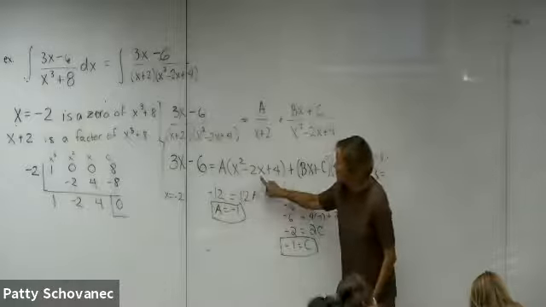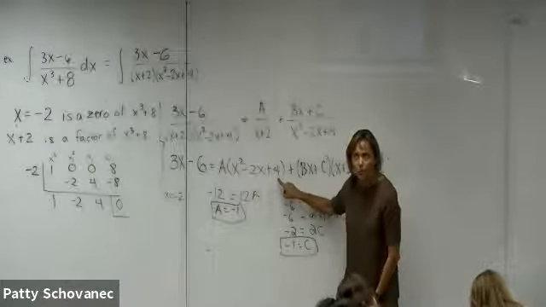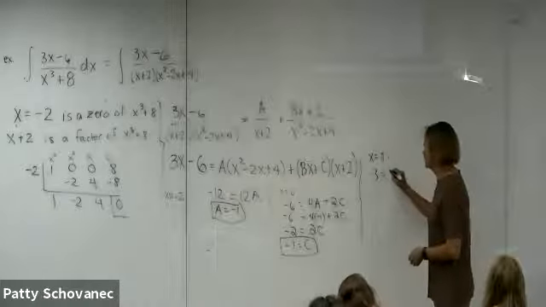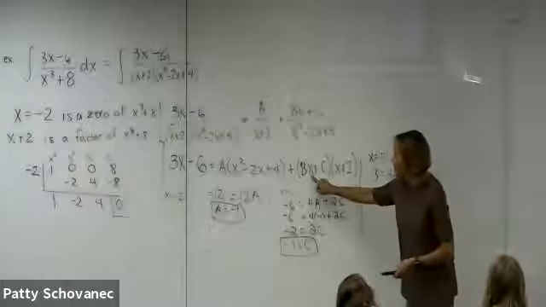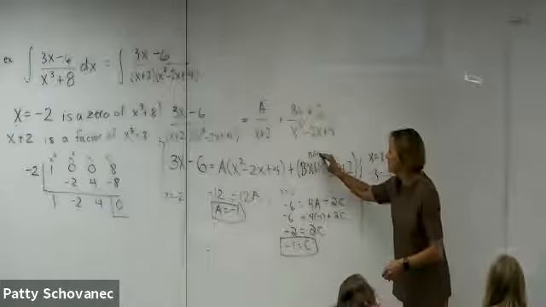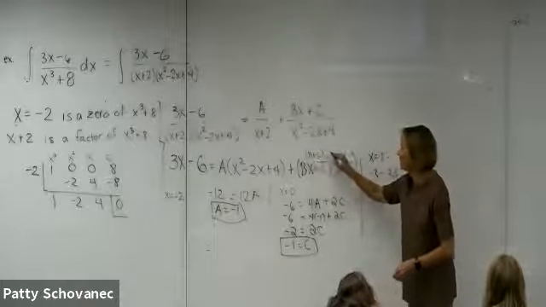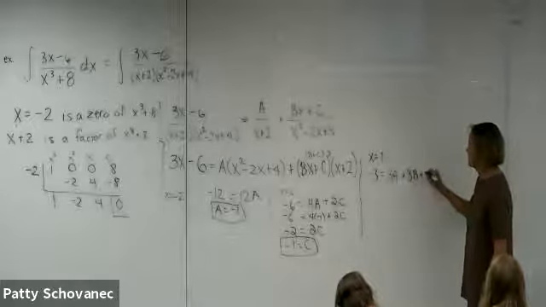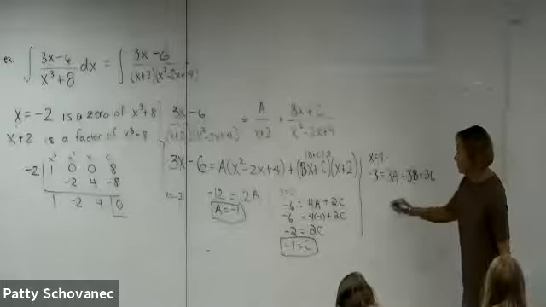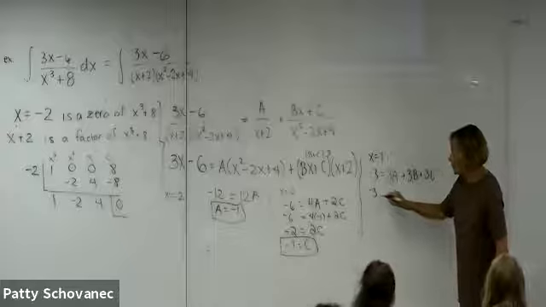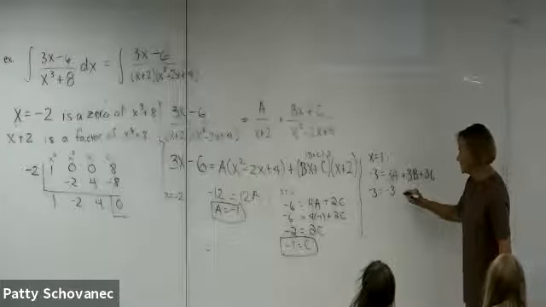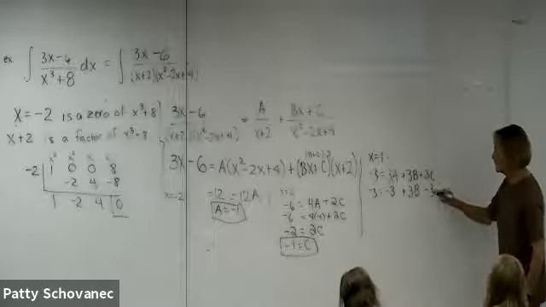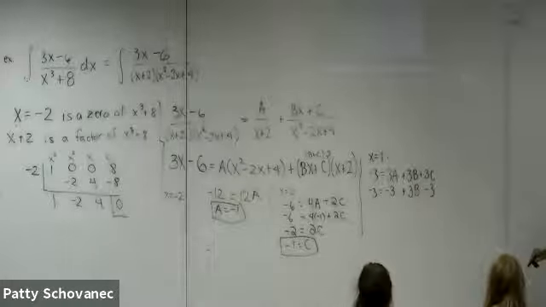Let's see, 1 minus 2 is a -1, plus 4 is 3 times A. B plus C is going to be multiplied by 3. So plus 3B plus 3C. Interesting. And A was -1. B is what we're looking for. C was -1. Looks like B has to be 1.